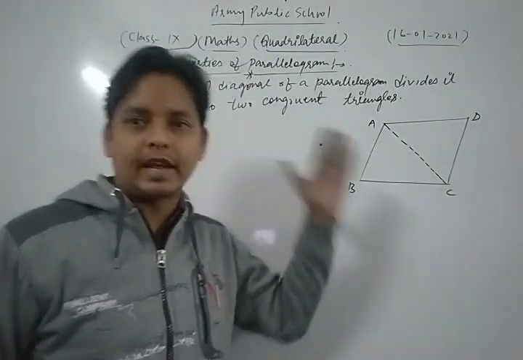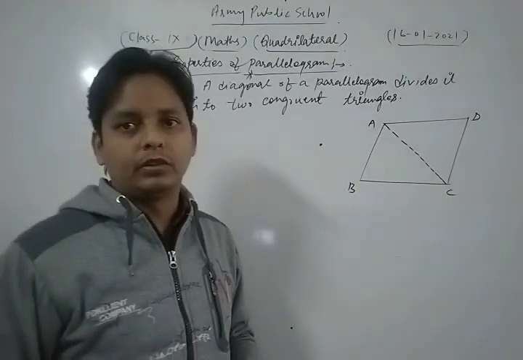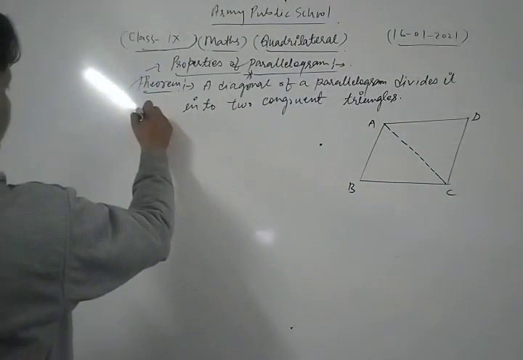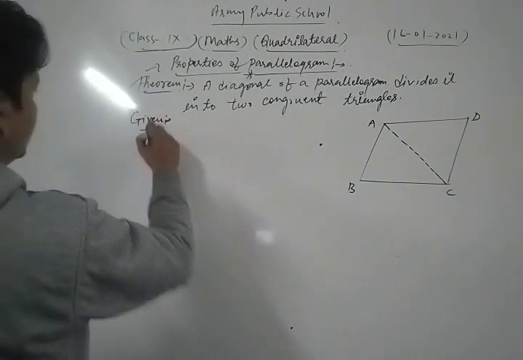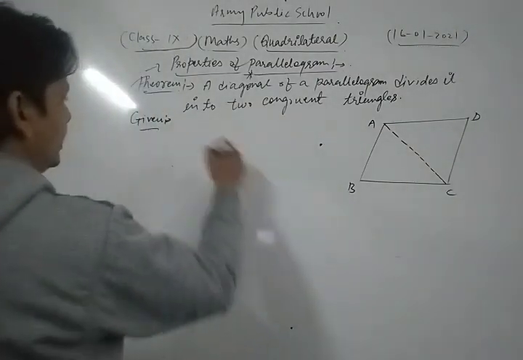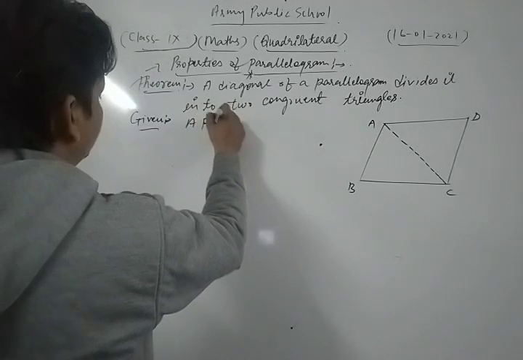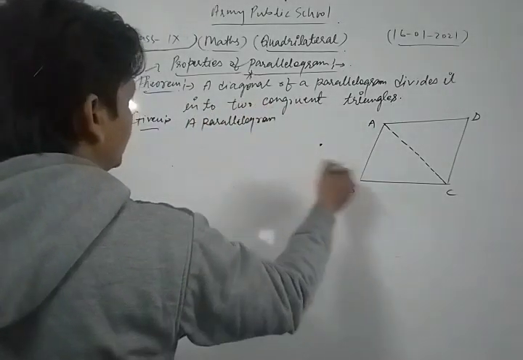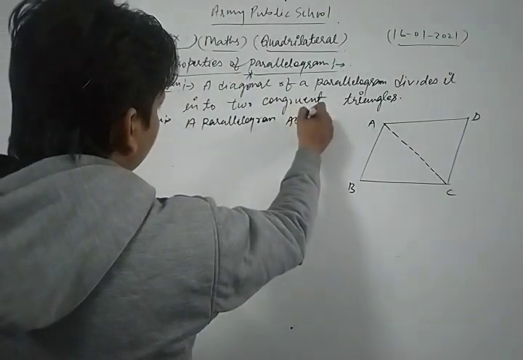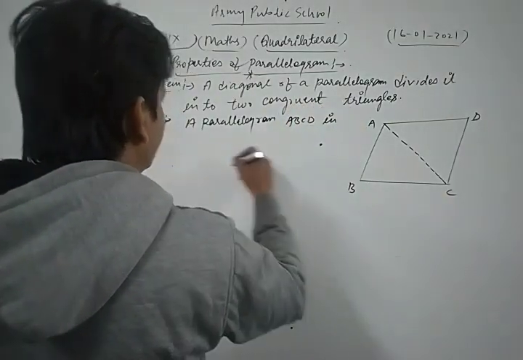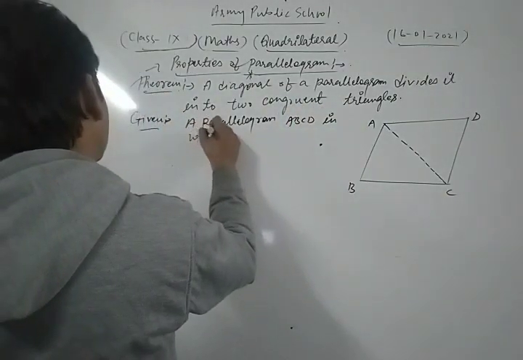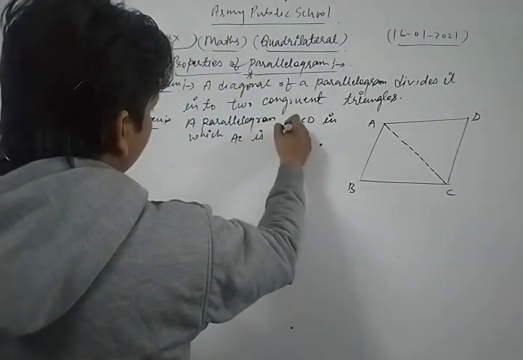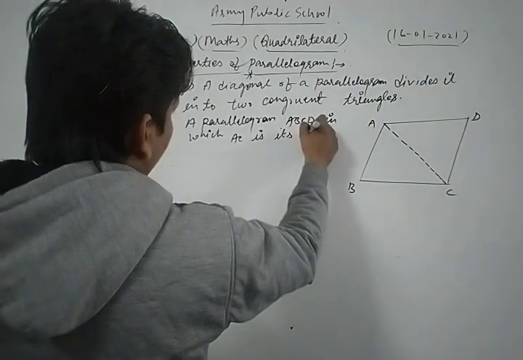So we follow these steps of proving. First of all, we write given. In given we write parallelogram ABCD in which AC is its diagonal.